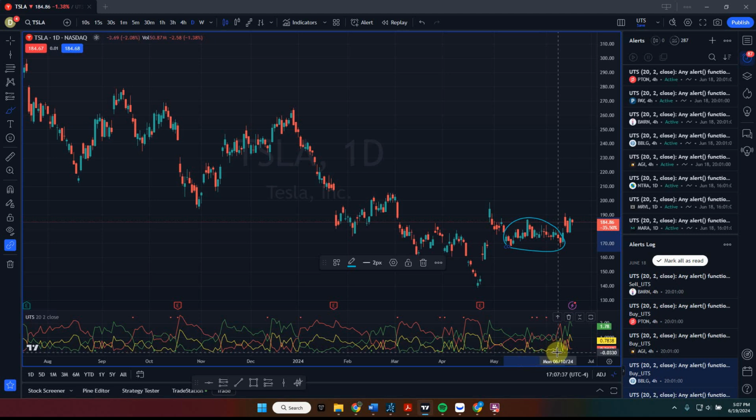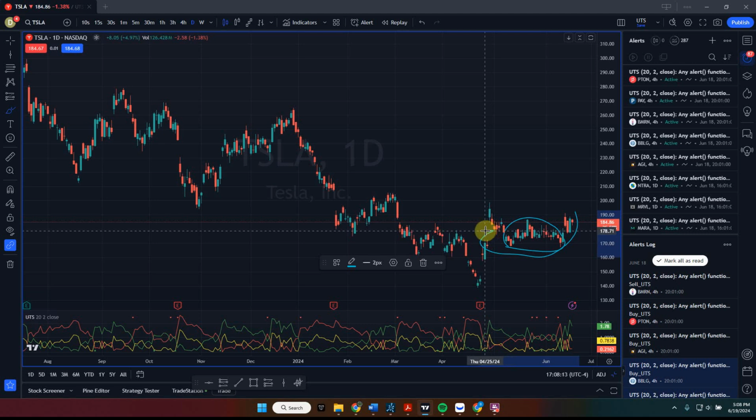So this was a consolidation phase. And also when the yellow line keeps going back and forth with either the green or the red line, it is also a sign that the trend has been consolidating. And we can also see that in the bigger picture right up to now.